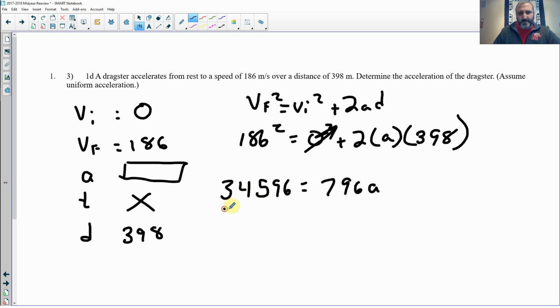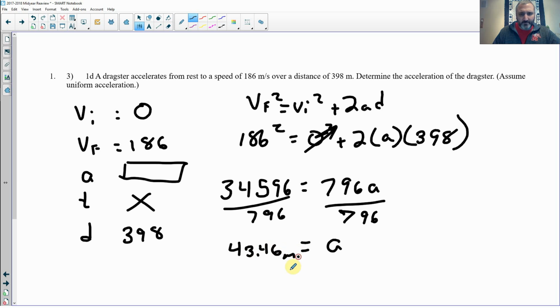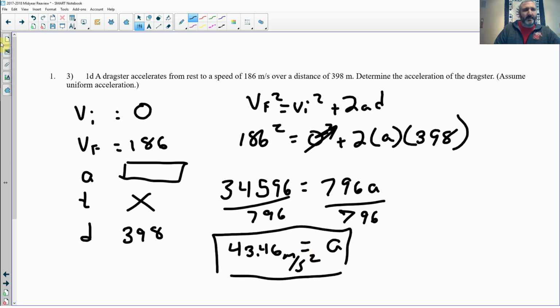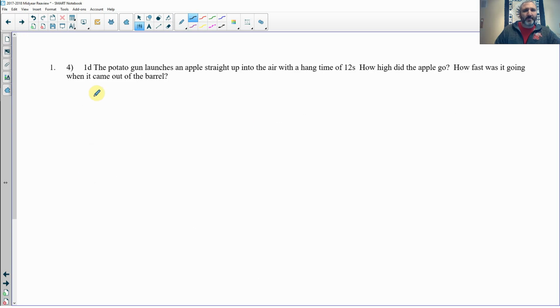So now the next step is going to be to divide by 796 to isolate the a. So 34596 divided by 796. That should be an acceleration of 43.46 meters per second squared. Hope you got that, and if you didn't, I hope you understand.